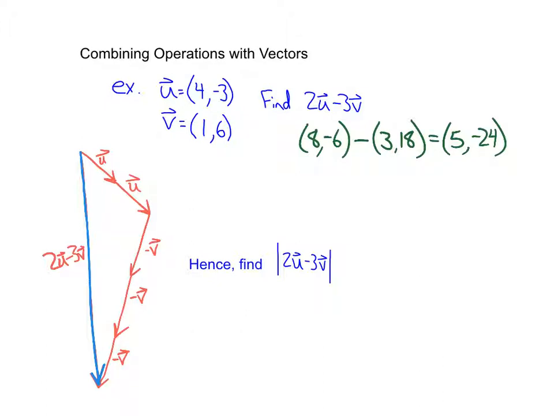So now I know that this vector here is the vector 5, negative 24. And that makes sense based on our drawing. Now, I didn't draw this perfectly, obviously, but it at least makes sense. I went a little bit to the right, and I went down a whole lot. So 5, negative 24.